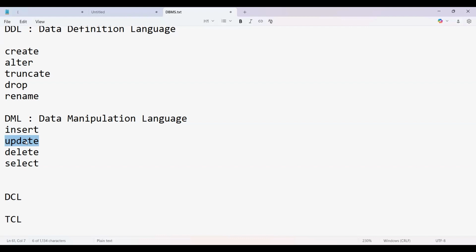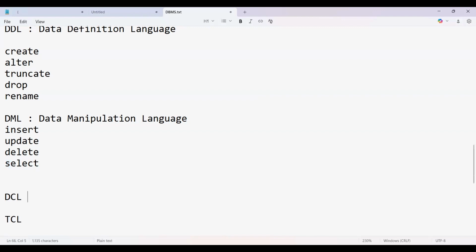Delete: if you want to delete any employee from the employee table, you can use the delete command. And select: to read the data inside the table, you can use the select command. So these are the data manipulation language commands, the second layer.